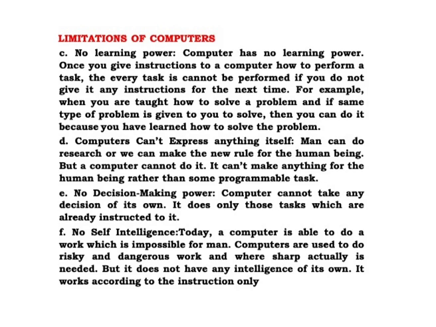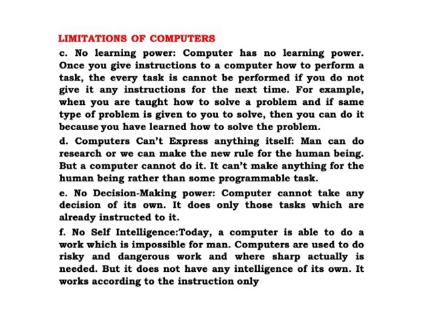Computer has no learning power. Once you give instructions to the computer on how to perform a task, the same task cannot be performed if you do not give it instructions the next time. That means it cannot work by itself. It does not learn by itself, or act by itself.